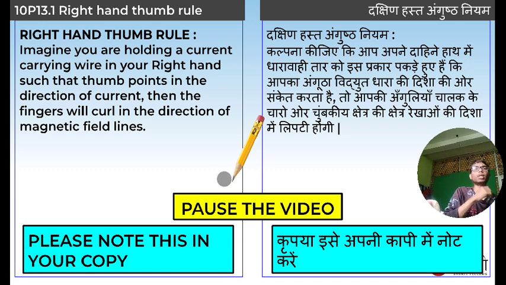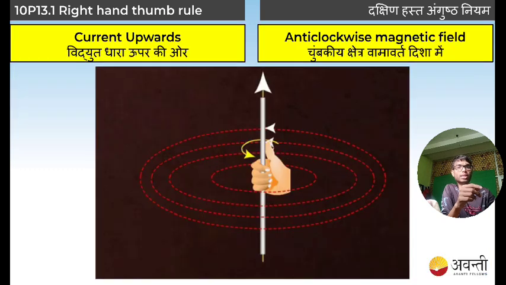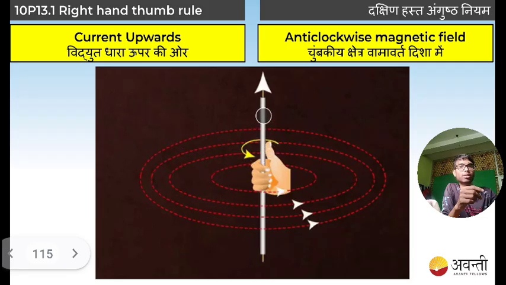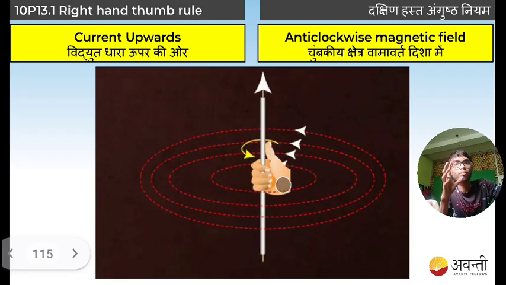Right hand thumb rule. Imagine you are holding a current carrying wire in your right hand such that the thumb points in the direction of the current. This thumb will indicate the direction of the current. Then the fingers will curl in the direction of the magnetic field. Here you can see these fingers are telling you the direction of the magnetic field, and this thumb is the direction of the current.